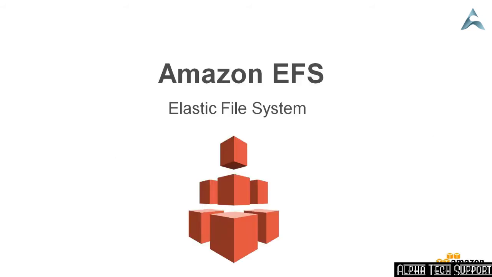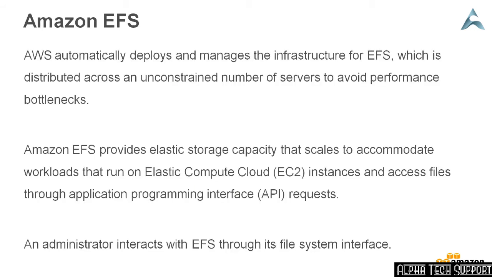Here comes another storage option on Amazon Cloud, that is EFS, or Elastic File System. It is similar to the file system that your computer has on your desktop, be it the Linux file system, Windows file system or Mac file system you are familiar with.